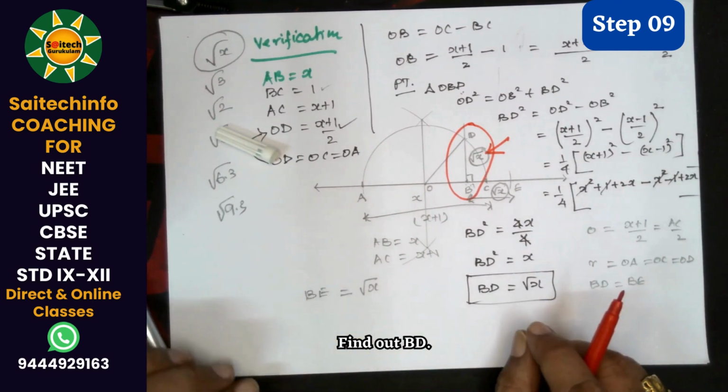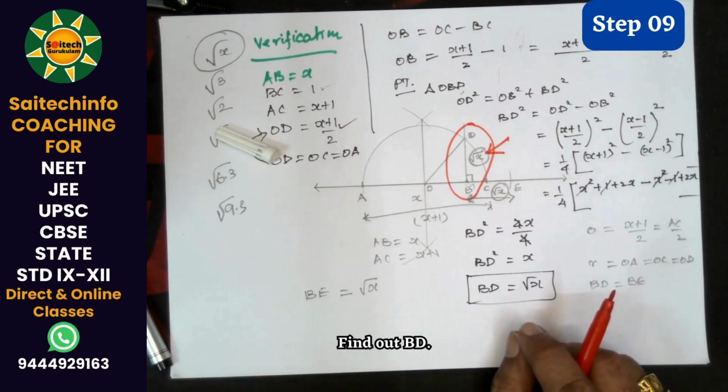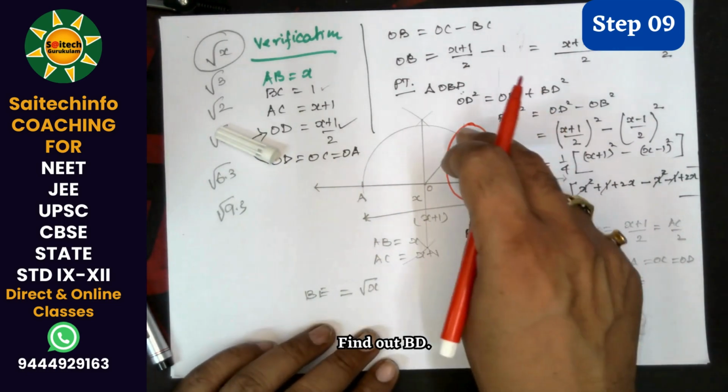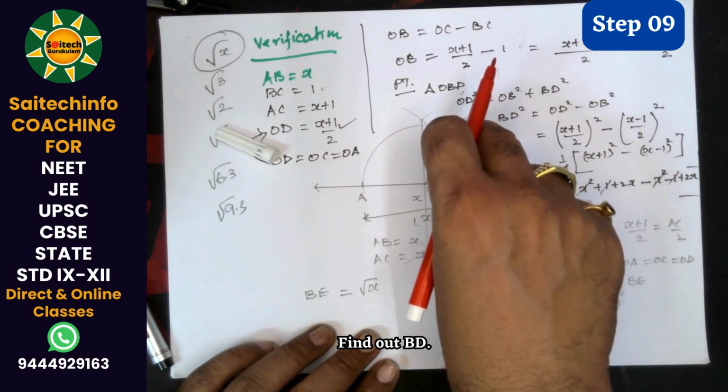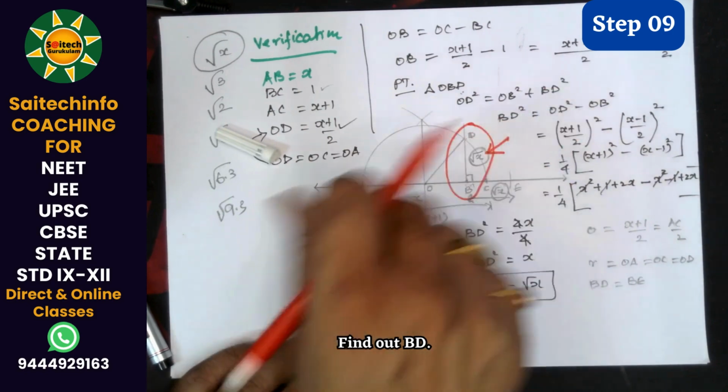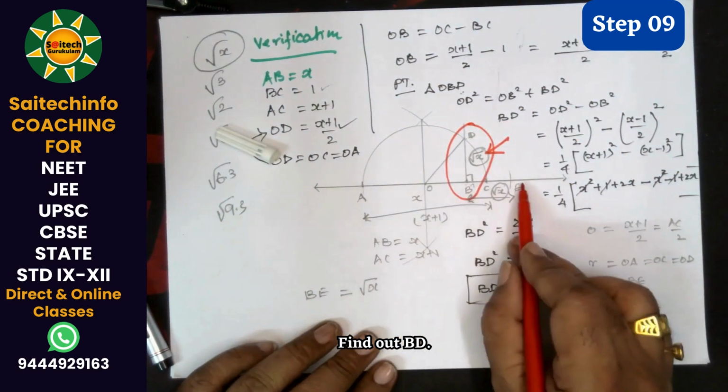And since the question asks to draw the square root of x, or a given value, on the number line, you have to show it on the number line. That is why you take BD, root x, as the radius and draw an arc here, so that you are able to find BE.